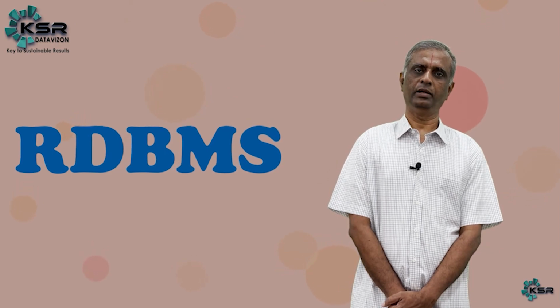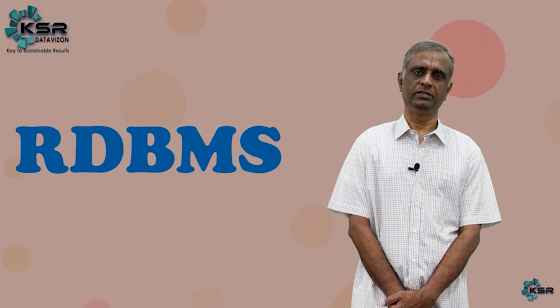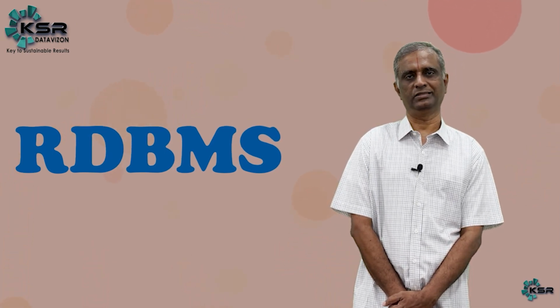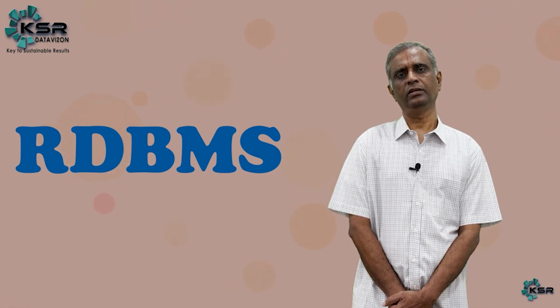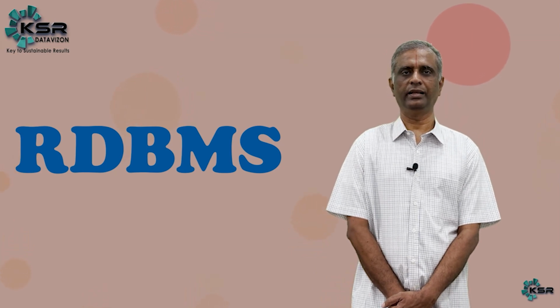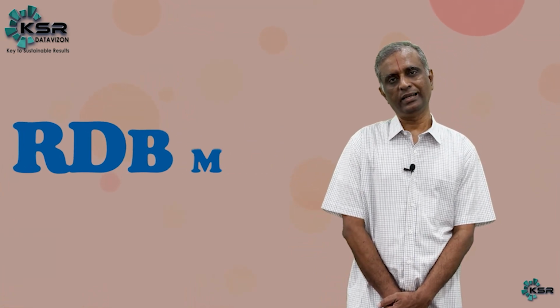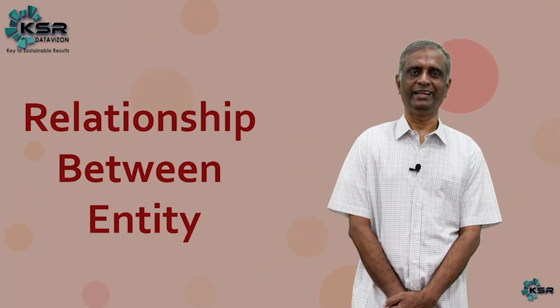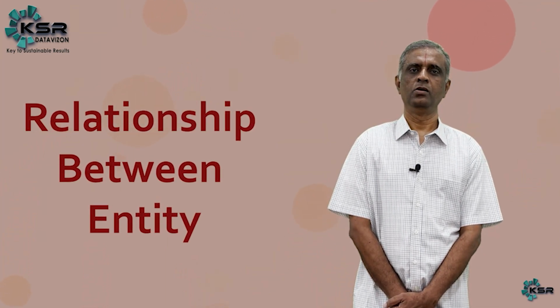What is an RDBMS? RDBMS means Relational Database Management System. What is the difference between a normal database and a relational database? In a relational database, we define relationships between entities. When we raise one invoice for a customer, the invoice is a transaction.